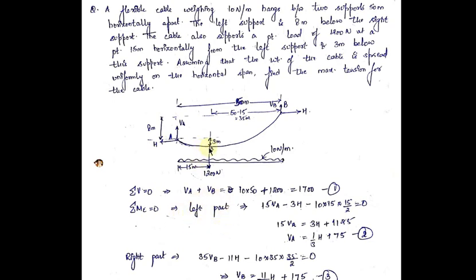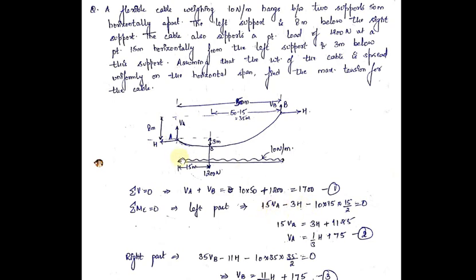So if we see the left part of point C, there are three forces. One is your horizontal thrust, one is your vertical reaction at A, and one is your UDL. VA is acting in the upward direction, so this VA will produce a clockwise moment about point C. For clockwise we are taking positive, and for anti-clockwise we are taking negative.